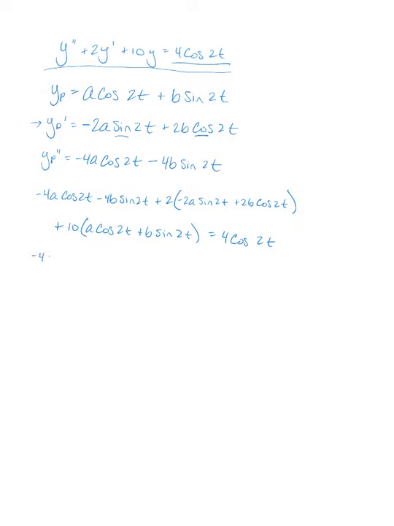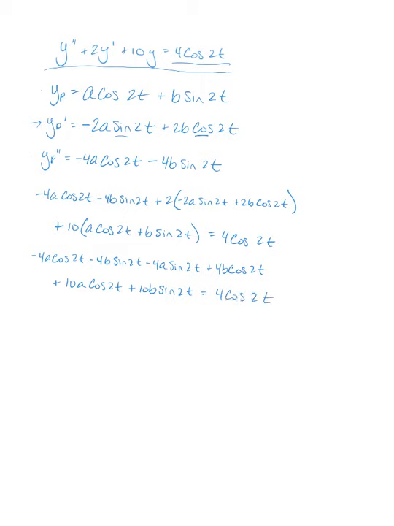I have negative 4a cosine 2t minus 4b sine 2t minus 4a sine 2t plus 4b cosine 2t plus 10a cosine 2t plus 10b sine 2t equals 4 cosine 2t.